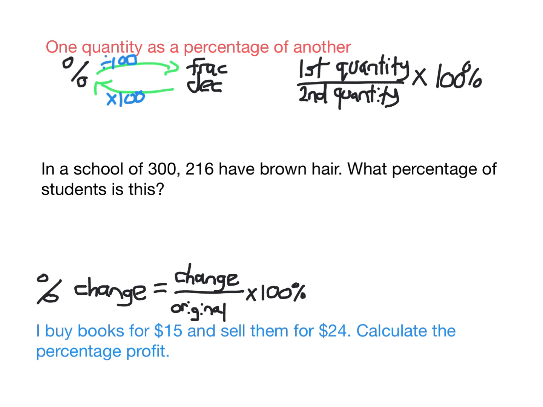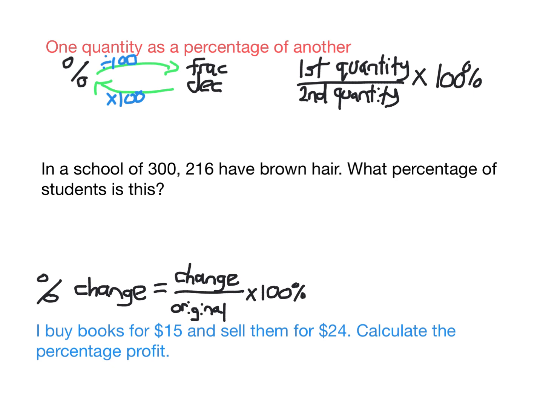So when we have two quantities and we want to write one quantity as a percentage of another, we just use this formula. We just turn it into a fraction, and the way we go from a fraction to a percent, we times by 100 and stick a percent sign. So here's an example. School of 300, 216 have brown hair. What percentage of students is this?